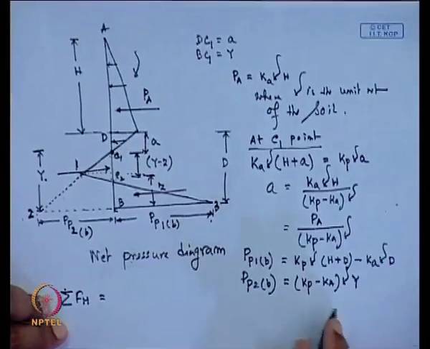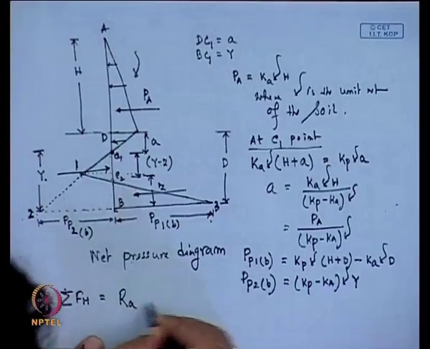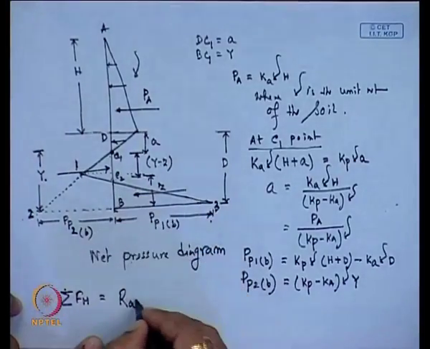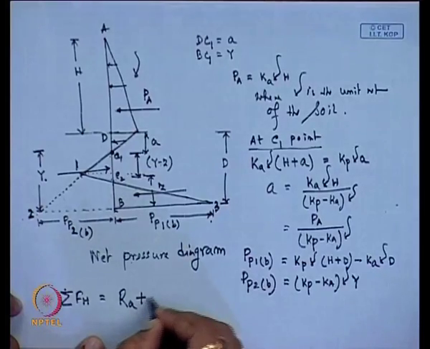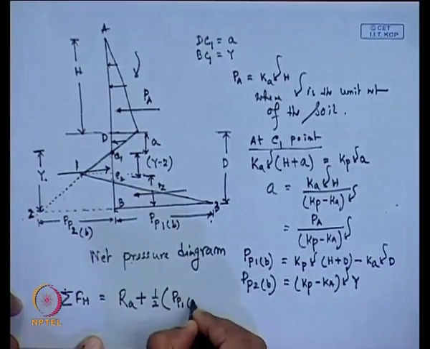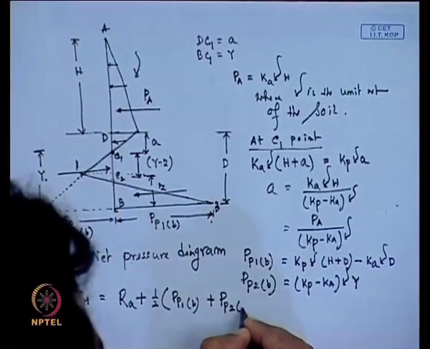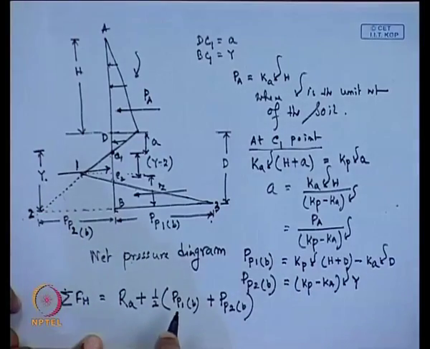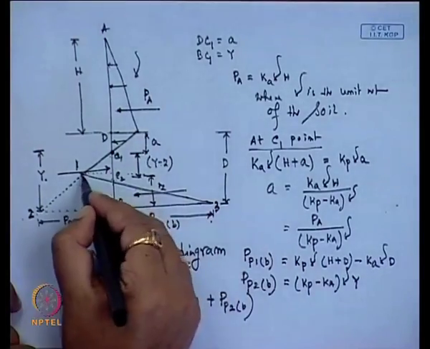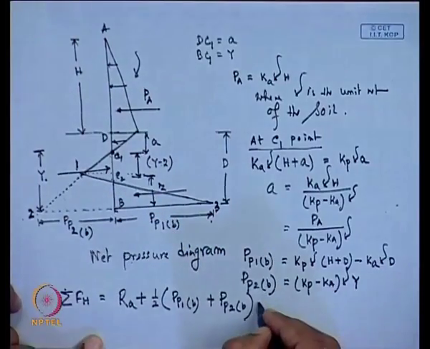So, now if I do it in this form, then F H will be R A, then this triangle plus half into P P 1 B plus P P 2 B into Z. Z is the height of this triangle 1 2 3.